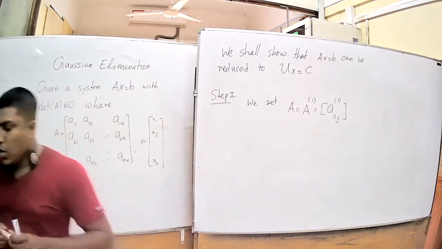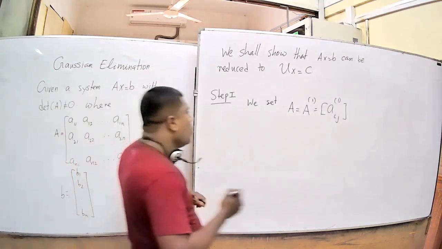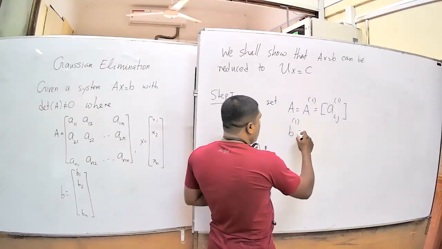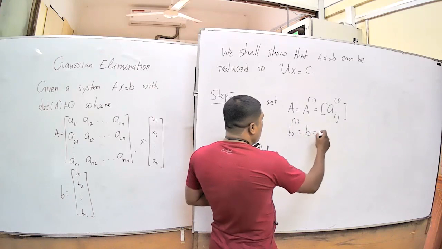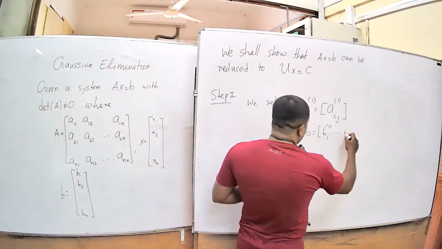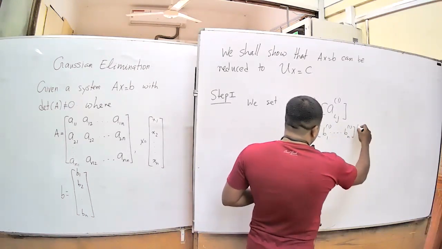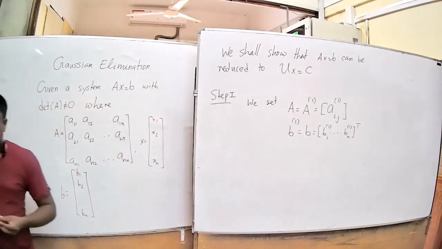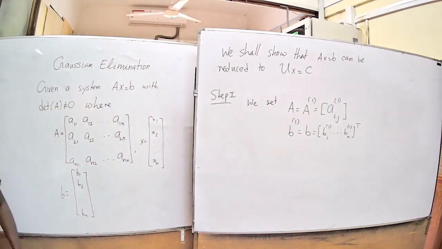Okay, so we are going to set a new notation, just for the sake of simplicity, for this matrix A. I'm going to give a superscript 1.